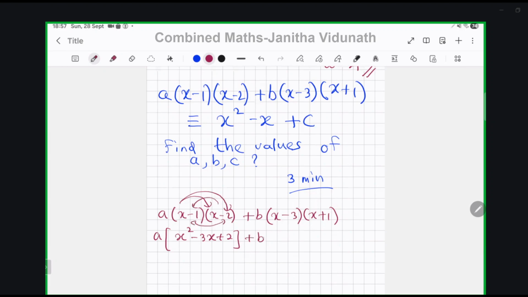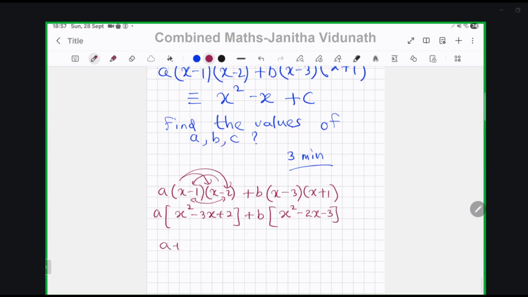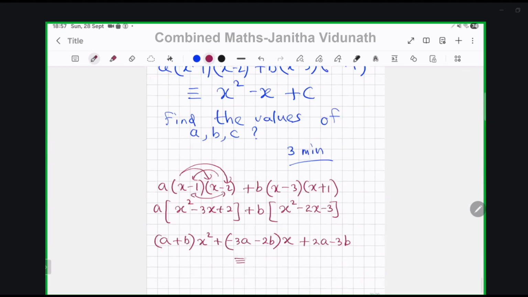Likewise, we get b times (x square minus 2x minus 3). That means we get (a plus b) x square minus (3a plus 2b) times x plus (2a minus 3b). This is the polynomial on the left hand side. On the right hand side, we get x square minus x plus c.